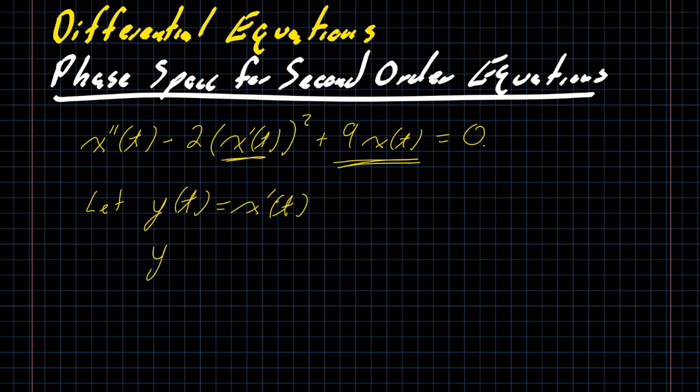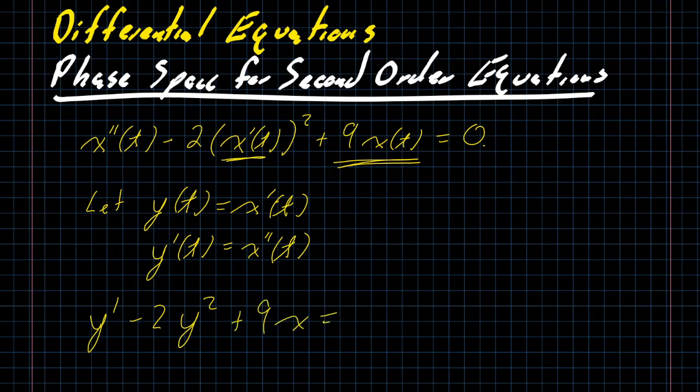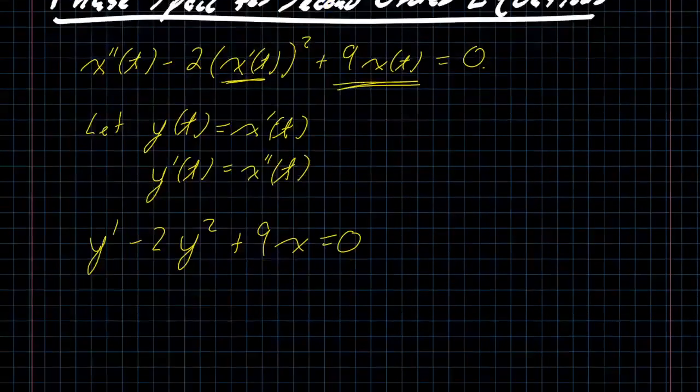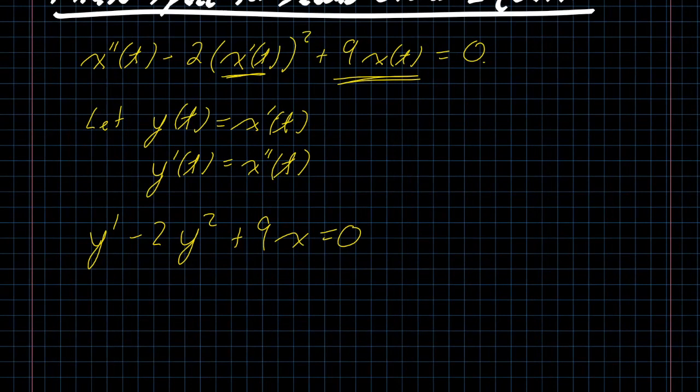And then from here, y prime of t is, of course, x double prime of t. And we can substitute those things into the differential equation. I have that y prime minus 2y squared plus 9x equals 0, which I can rearrange to write as y prime equals 2y squared minus 9x.